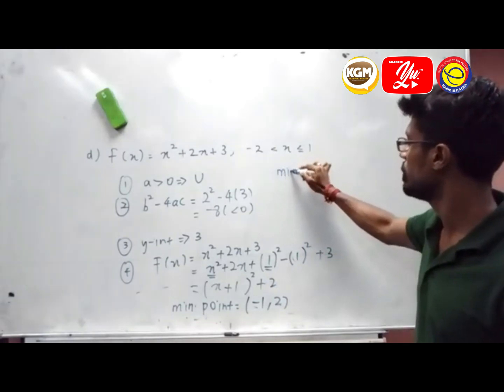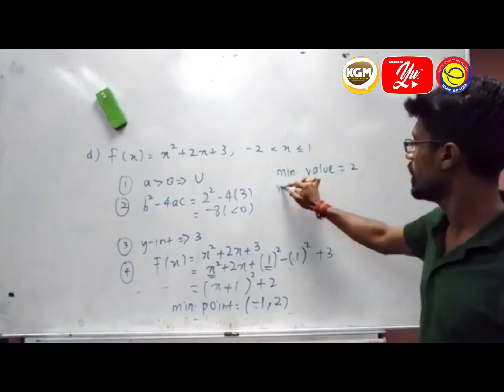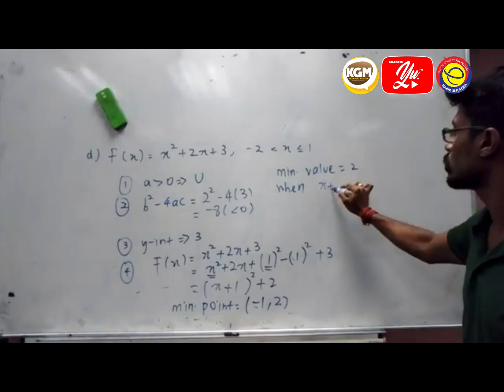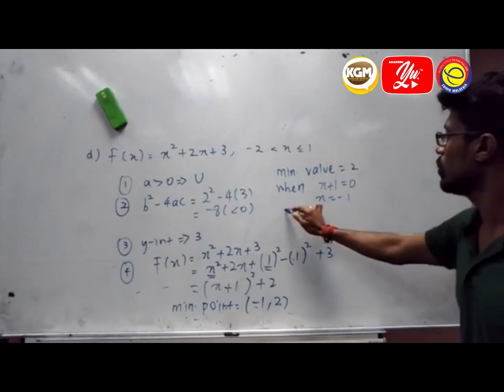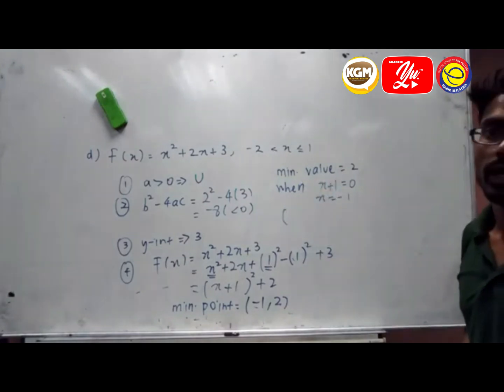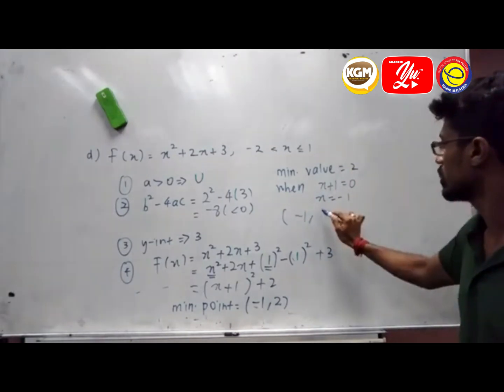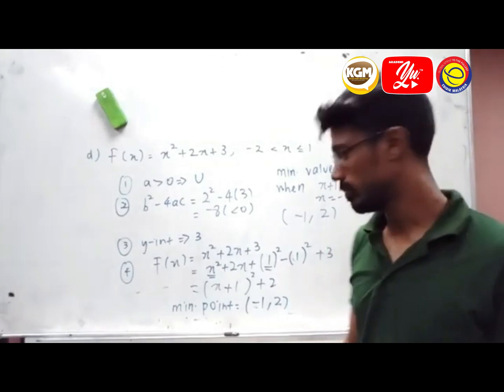So we can say minimum value equals 2 when, since you cover this part, x plus 1 equals 0. That will give you x equals negative 1. So when you want to say the minimum point, your x value is negative 1, the minimum value is 2. There you go. That's how I get my minimum point.